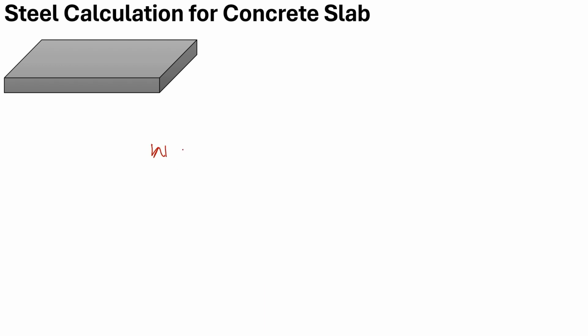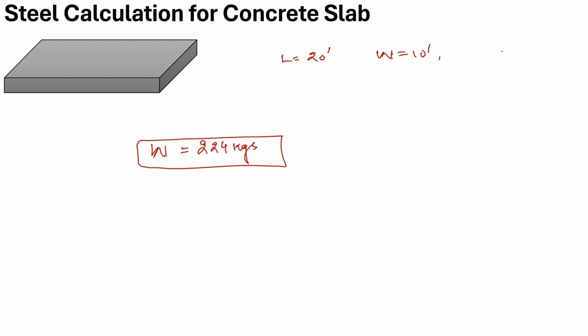That the total weight of the steel is 224 kilograms for the construction of a slab whose length is 20 feet, whose width is 10 feet, diameter of the bars is 12 millimeter, and center to center spacing between the bars is 6 inches. Simply. And the minimum thickness for the slab in some cases is 4 inches, but 5 inches is preferred to avoid any failure at the end of the structure.